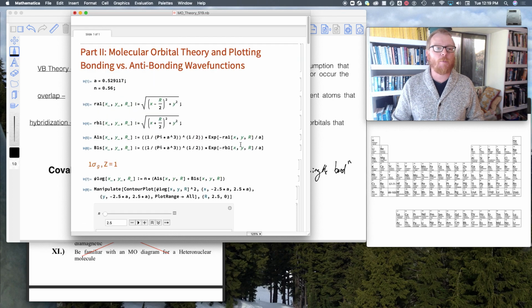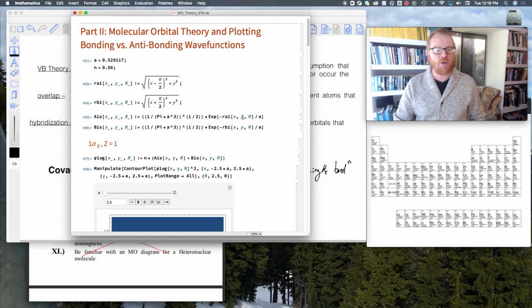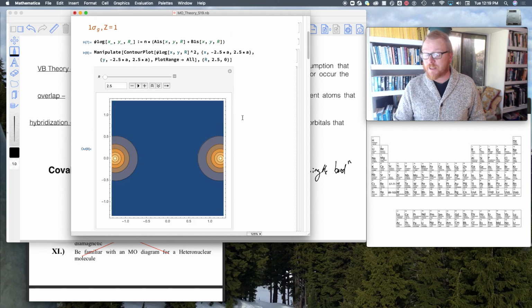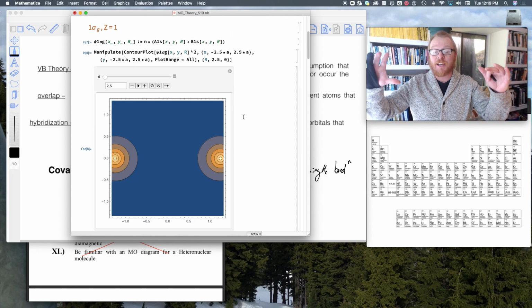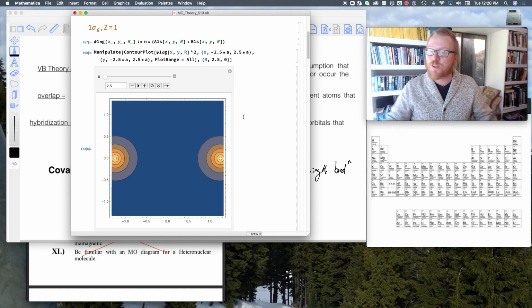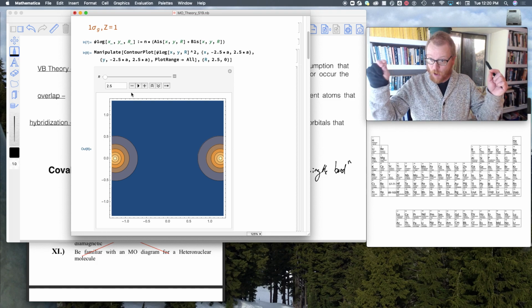This is a very cool program, all kinds of nasty math that you don't have to know. We've simulated two hydrogen atoms, and I can move them closer together. This R = 2.5 is 2.5 angstrom, which is 2.5 times 10 to the minus 10 meters apart.